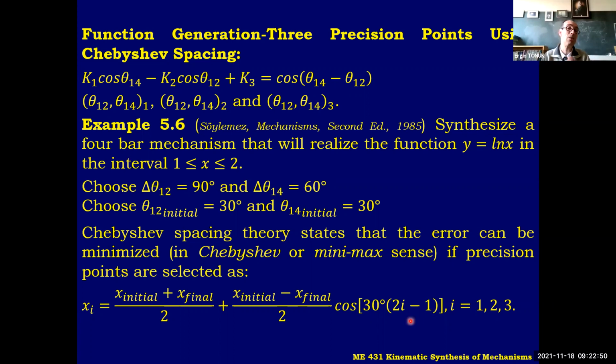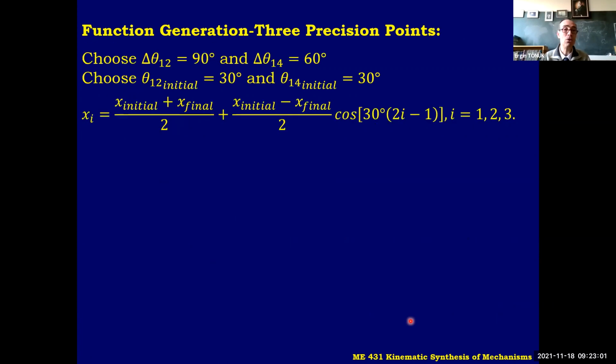It's very good. Let me try to reduce the error. You can do optimization, but that's very quick. You can iterate very easily in your design. How it works is this, as I said. So these are the things that we have decided. This tells our precision points.